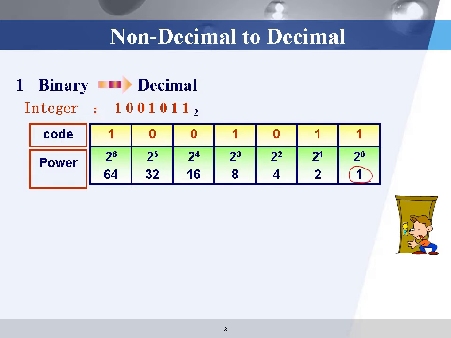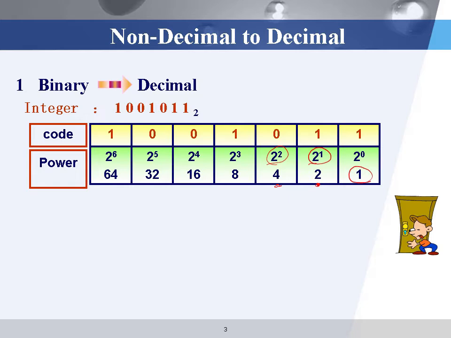And the second one means 2, because this is the power. And the third number means 4, because this is 2 to the second power. And then it's 8, 16, 32, 64. So these are the powers of the number.